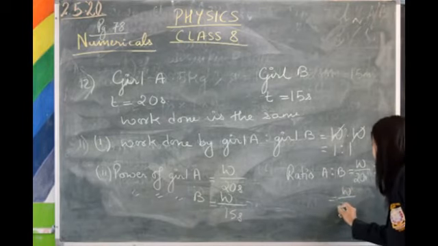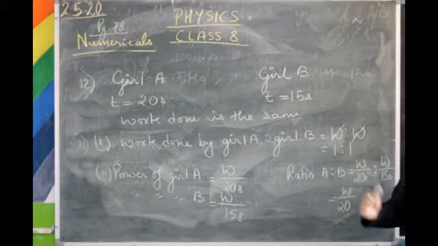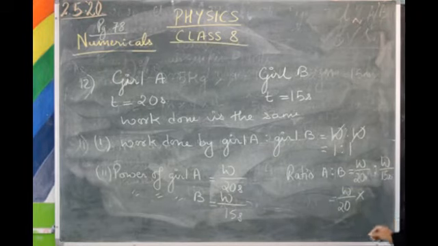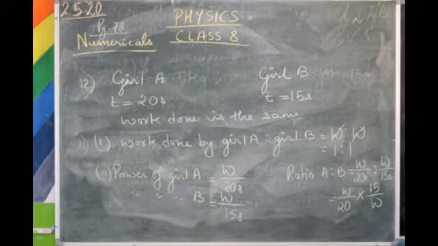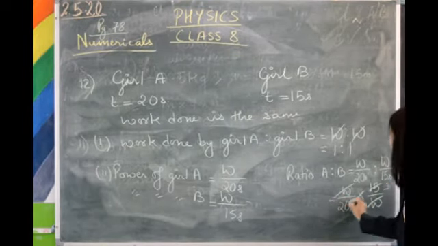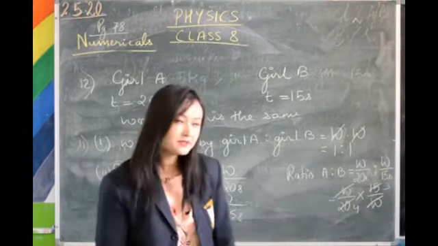So the first remains as it is. Now you know very well, you have done ratio and proportion before also. So the second fraction becomes its reciprocal, which means 15 divided by W. They cancel each other. 5 3s are 15, 5 4s are 20. So what will be the ratio?